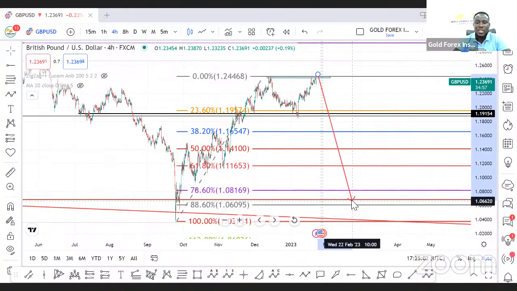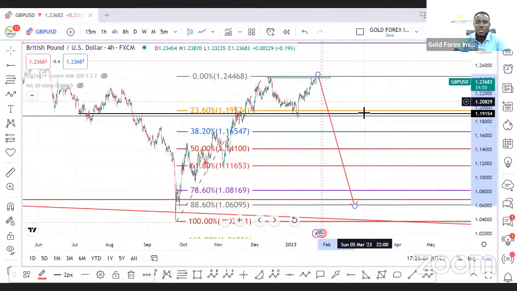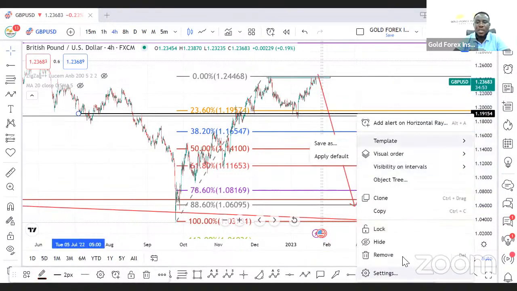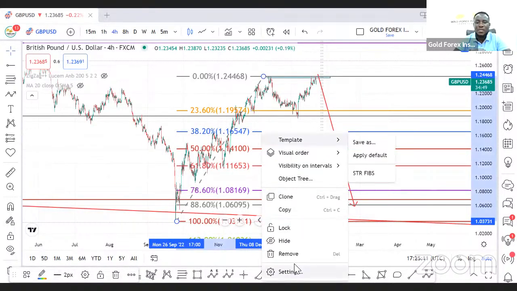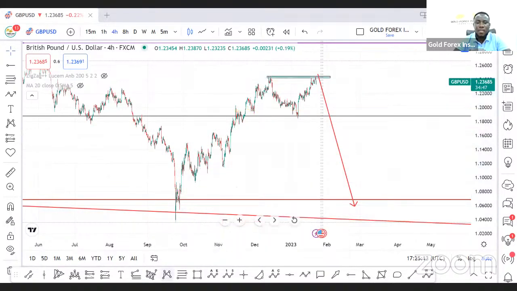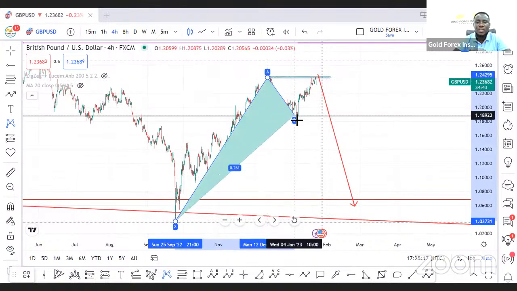I'm even looking at 88 because it's possible it might form a pattern, a bat pattern formation, that should give us something like this.